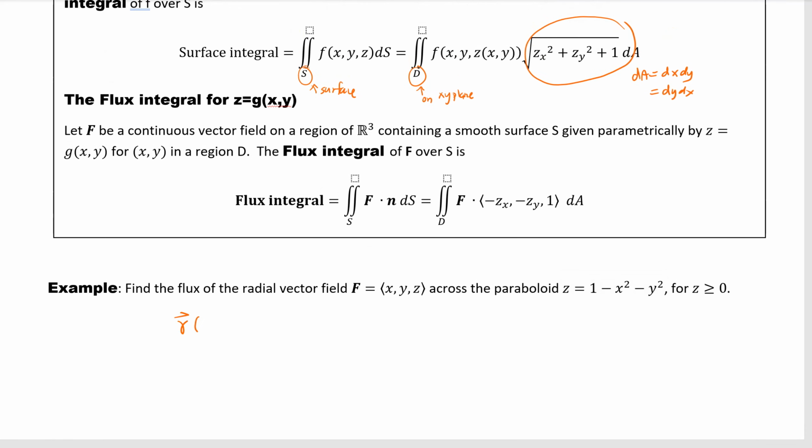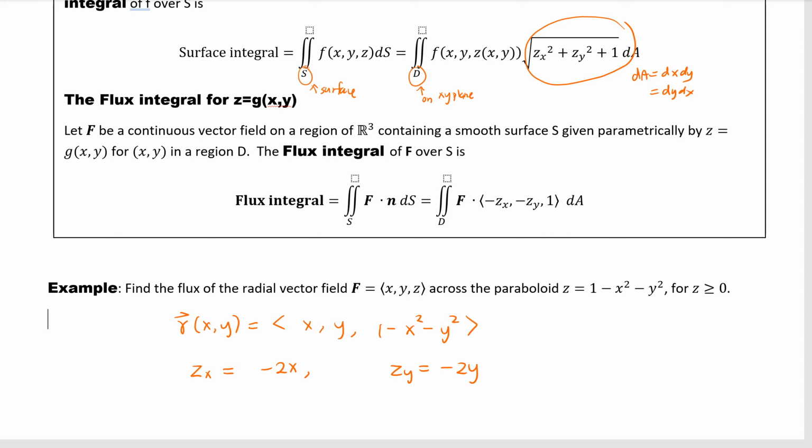Our parameterization is x, y, and then 1 minus x squared minus y squared. So z_x is just the derivative of minus x squared, which is minus 2x. z_y is then minus 2y.